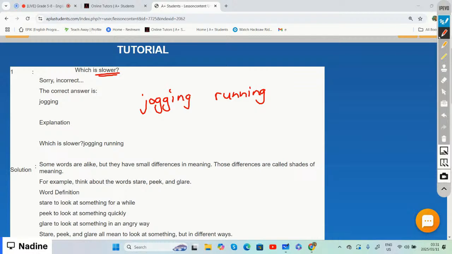Both mean that you are moving, like a fast walk type of thing. But one is slower than the other. So which one is slower, jogging or running?